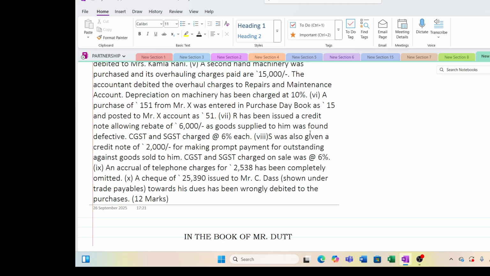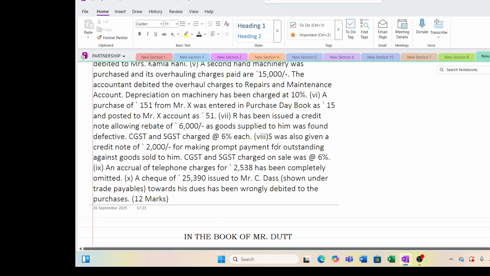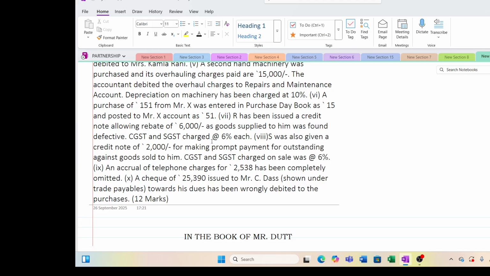So this rebate is not for anything else. If the rebate was on account of other reasons such as prompt payment, GST would not be reversed. Make it very, very clear. There is no GST to be reversed on that. Only when the goods are returned or damaged or destroyed or not according to standards, then we are going to reverse this GST.